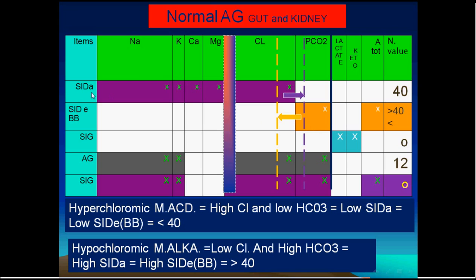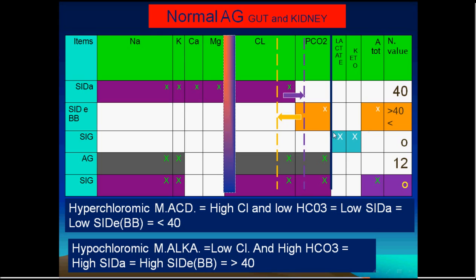But from the strong ion differences, when we measured it, sodium minus chloride, which became larger now, so the difference is less than 40. So this is a normal anion gap change. On the other hand, if the patient is vomiting, he is losing chloride, so the chloride will decrease, bicarbonate will increase, and the buffer base will increase, it will be more than 40.